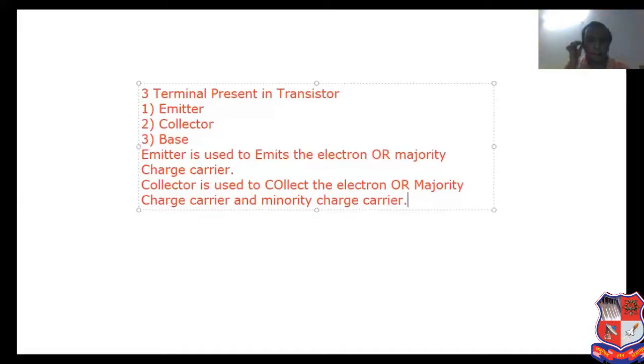Minority charge carrier, and area of collector is always large.